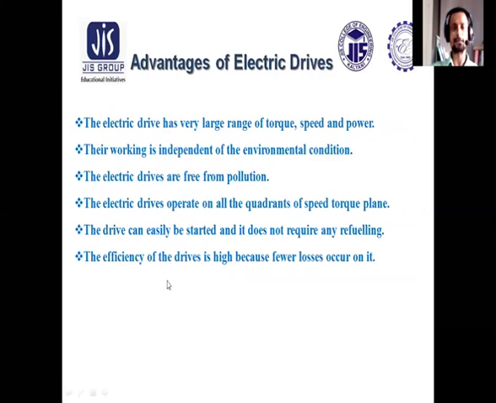These are the advantages of electric drives. You just need to go through them. The electric drive can produce a large range of torque, speed, and power. Their working is independent of environmental conditions. These are pollution free.